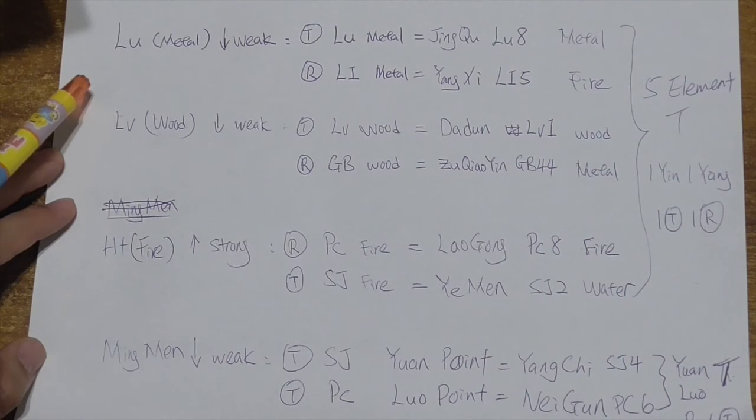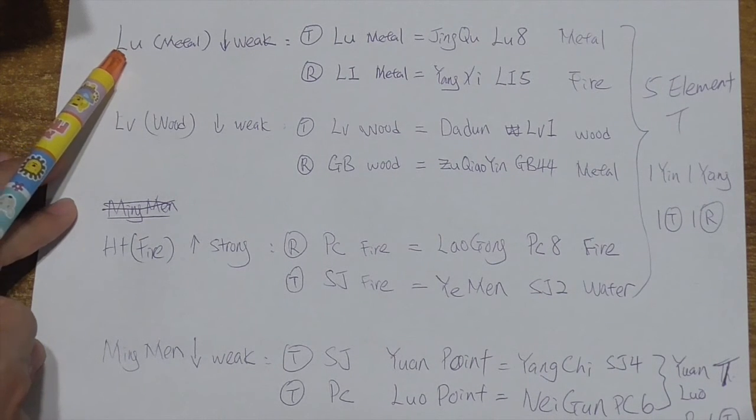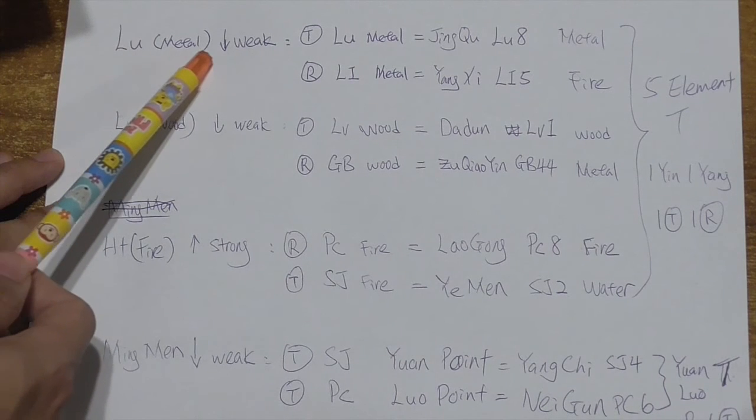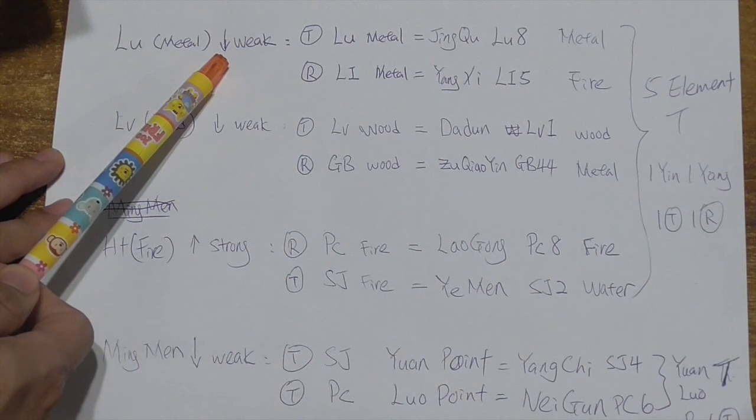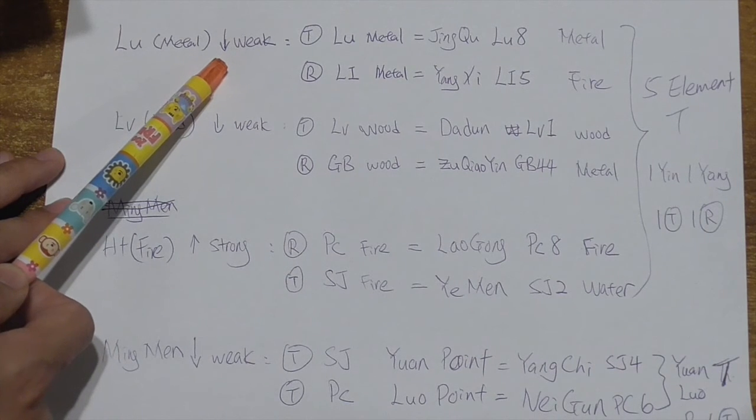So let's say your diagnosis is that the lung is weak, and how are you going to put the needles and which point are you going to choose to tonify or to reduce?